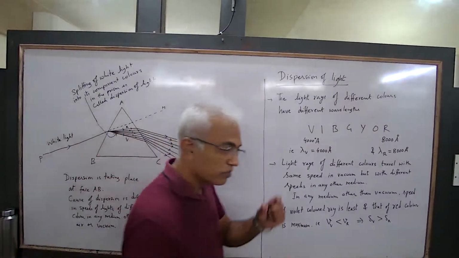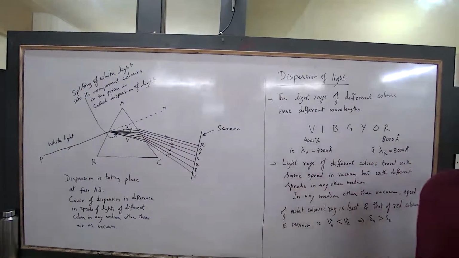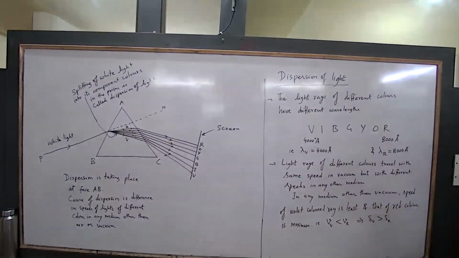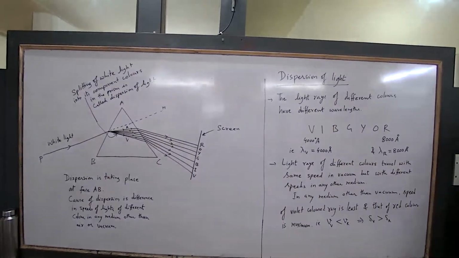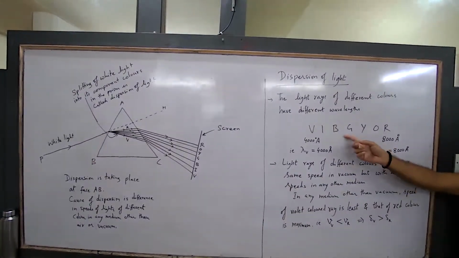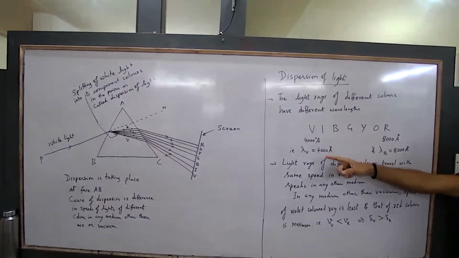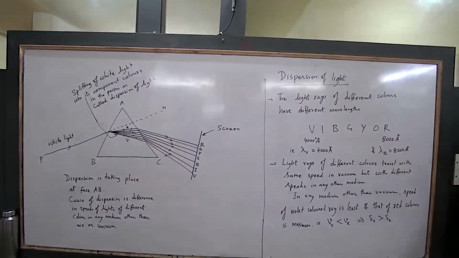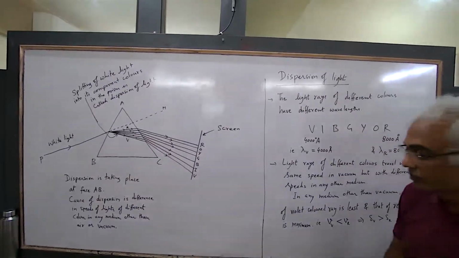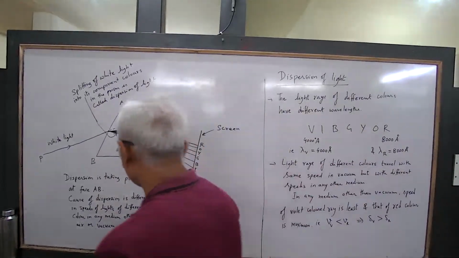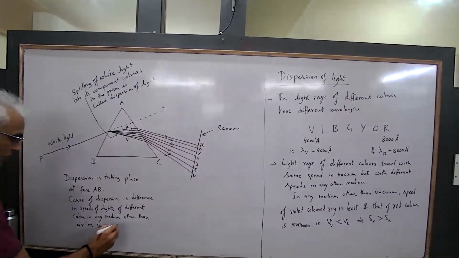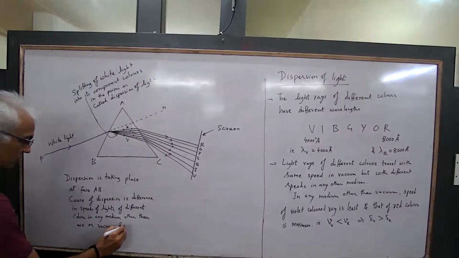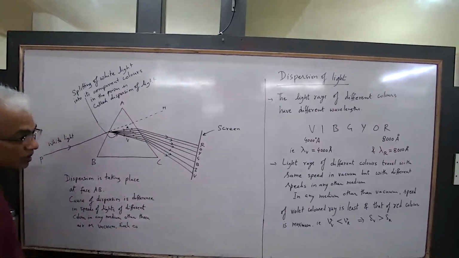So the cause of dispersion is difference in speed of light of different colors. Different colors are represented by different wavelengths. What is the characteristic of different colors? Wavelength.